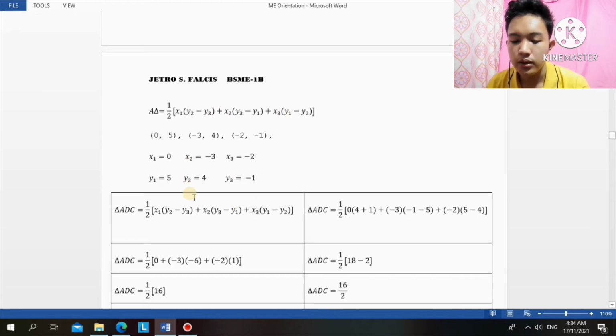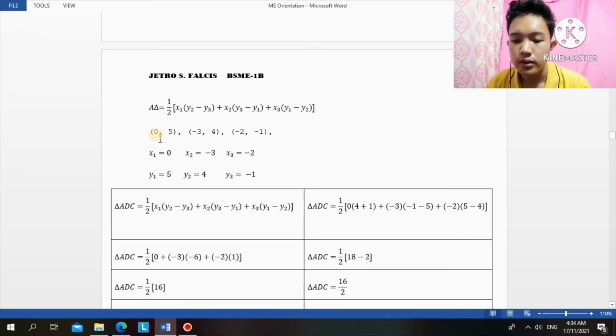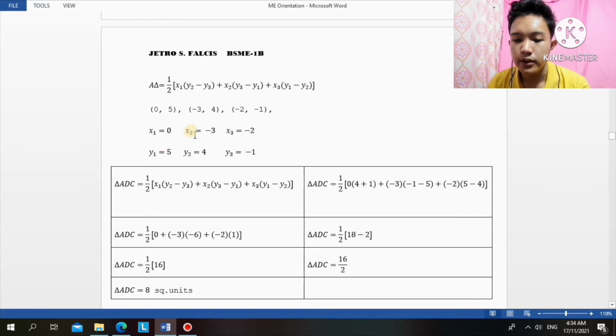So our coordinates of the points are 0, 5, negative 3, 4, and negative 2, negative 1. So our x sub 1 is equal to 0, x sub 2 is equal to negative 3, x sub 3 is equal to negative 2, and y sub 1 is equal to 5, y sub 2 is equal to 4, and y sub 3 is equal to negative 1.